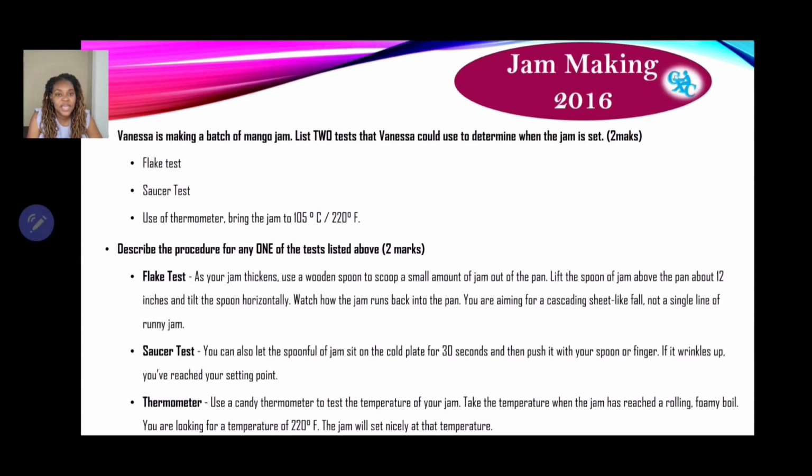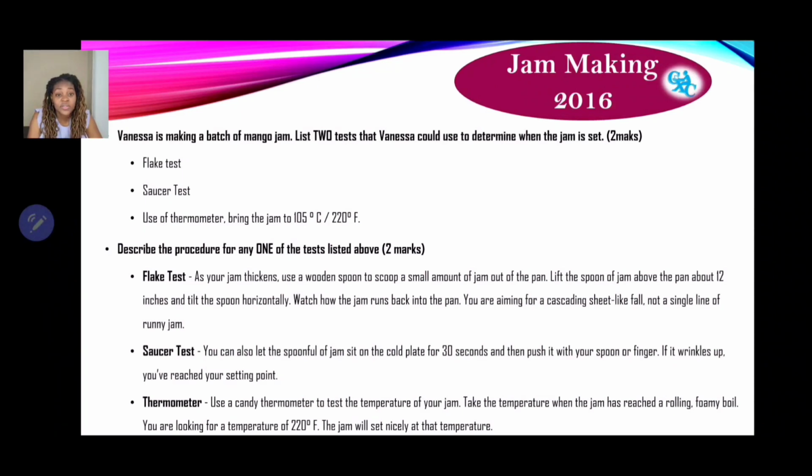Vanessa is making a batch of mango jam. List 2 tests that Vanessa could use to determine when the jam is set. 2 marks. So we have 3 methods here listed for you, 3 methods of testing if a jam is set, and the first one is the flake test.